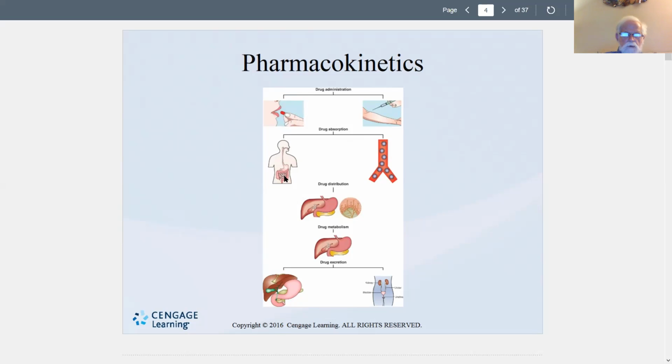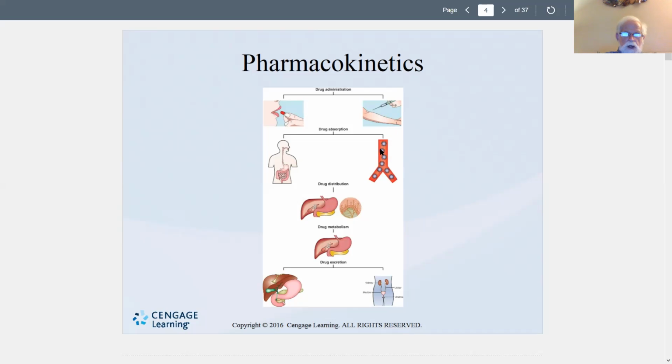Orally administered drugs will first pass through the liver, where that will be the first place of distribution to the body. And then it will go into the bloodstream and be distributed throughout the body, and then pass back through the liver regularly, where it is continually metabolized.